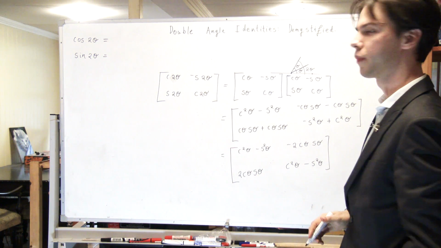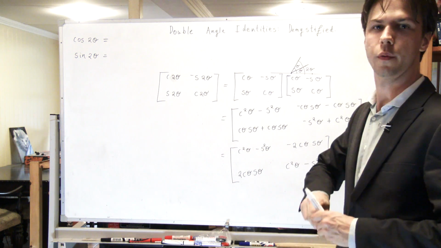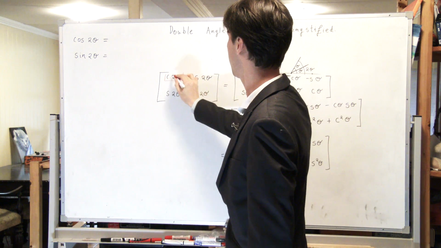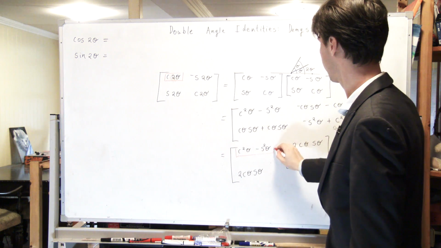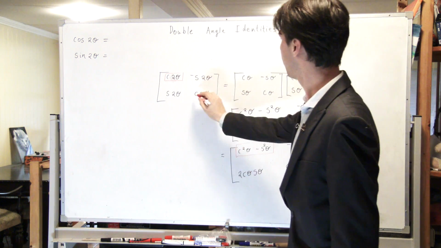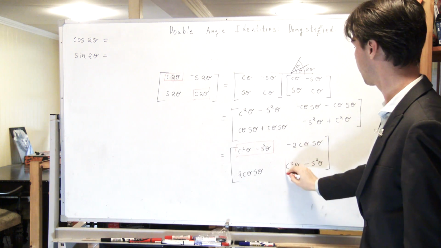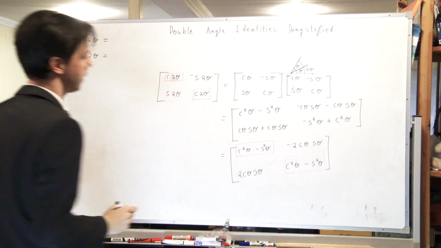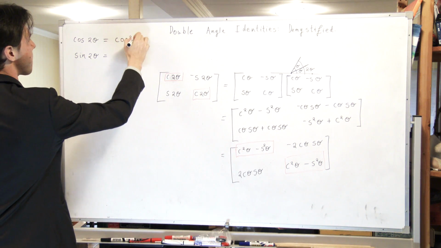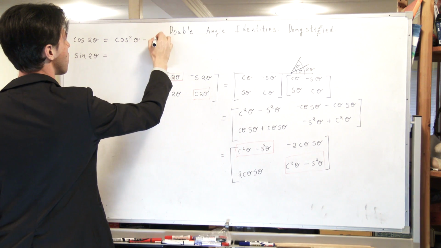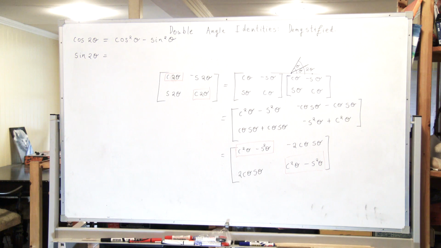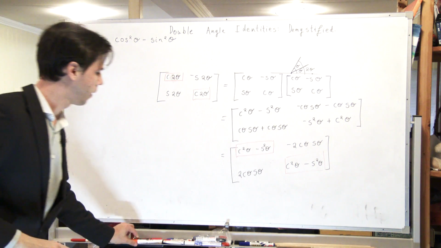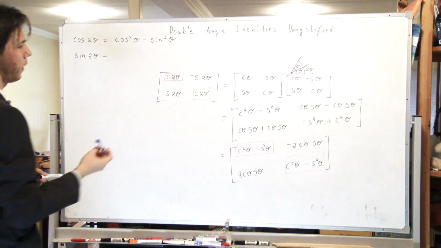So now we can do some comparison. In the reds, I'm going to look at cos theta. So here we have cos 2 theta here, and cos squared theta minus sine squared theta. And then again, we have cos 2 theta here, that equals this component, which again is the same. So cos of 2 theta equals cos squared theta minus sine squared theta. Then in the blue, here I have sine of 2 theta.